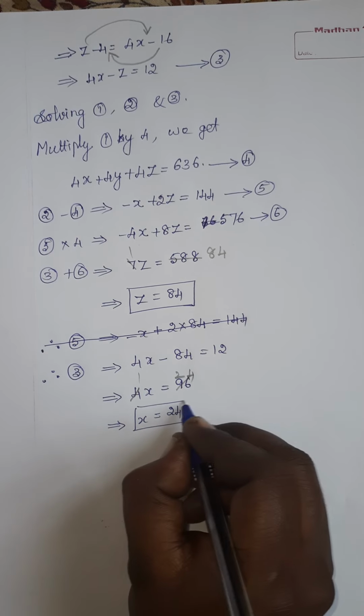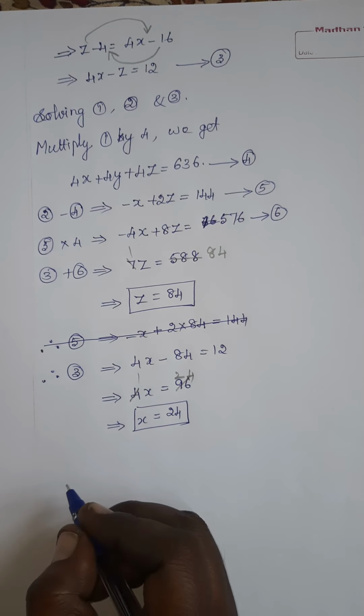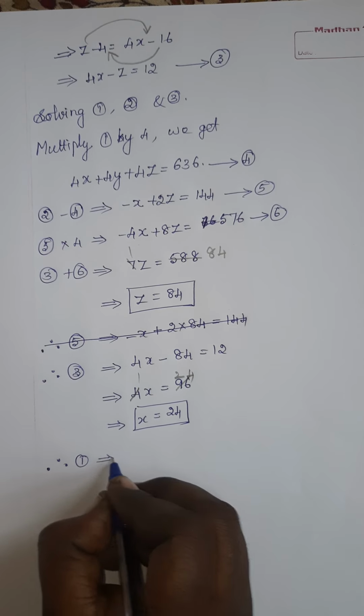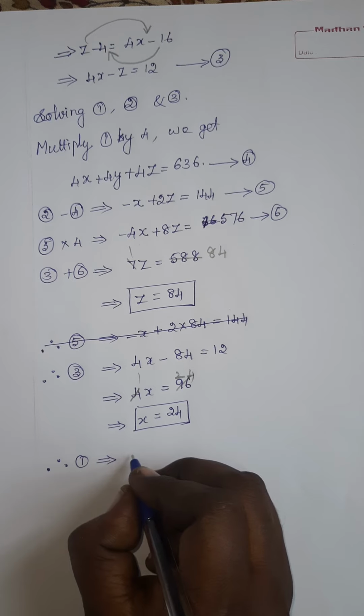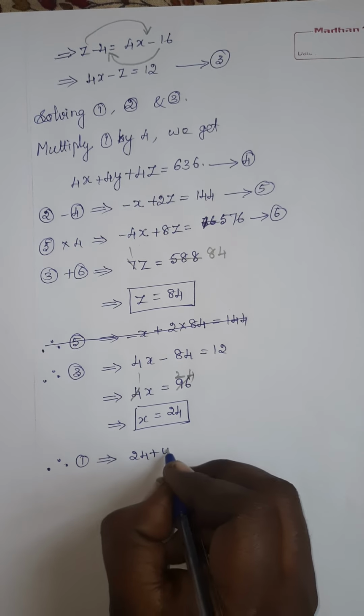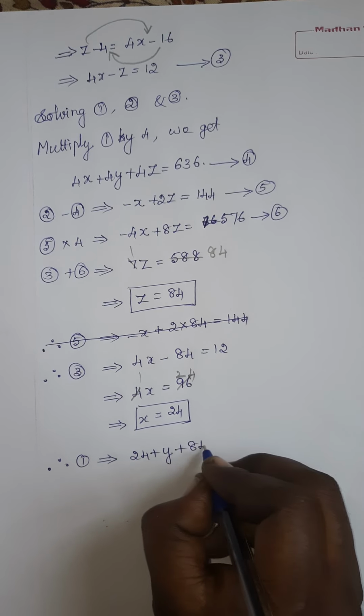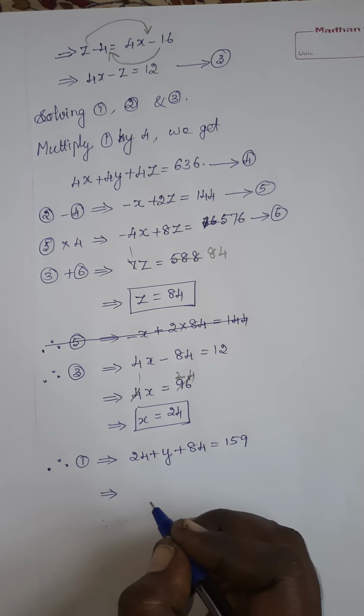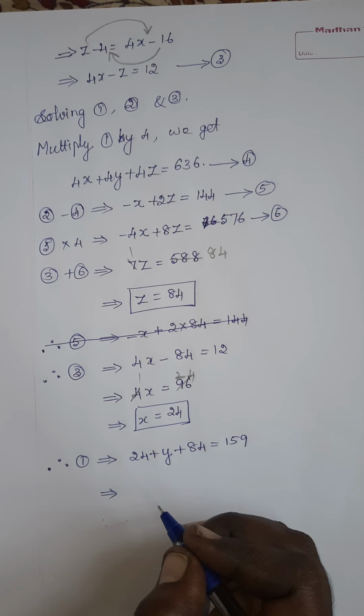Okay, now this x value and z value you can substitute in the first equation. So first equation becomes x value 24 plus y plus z value 84 equal to 159, which implies 84 plus 24 is 108.